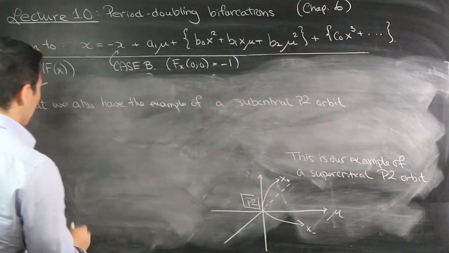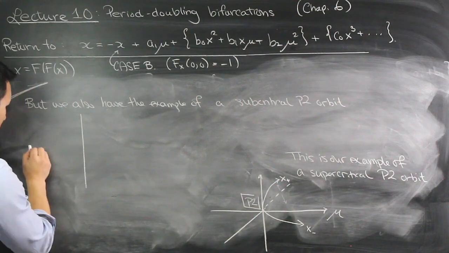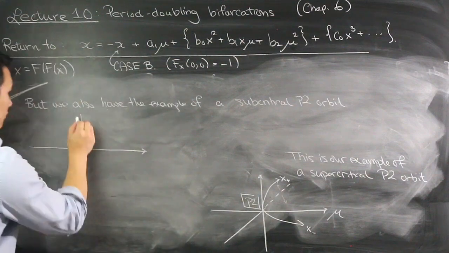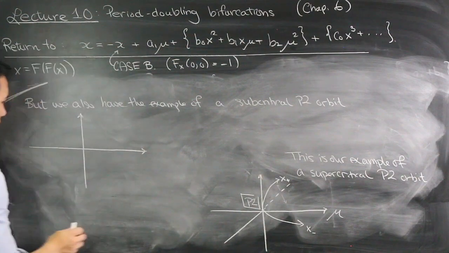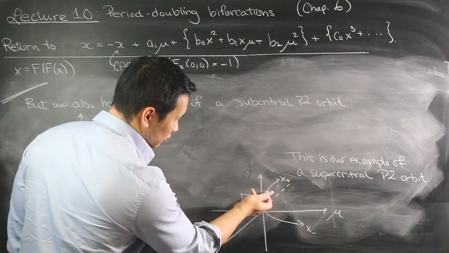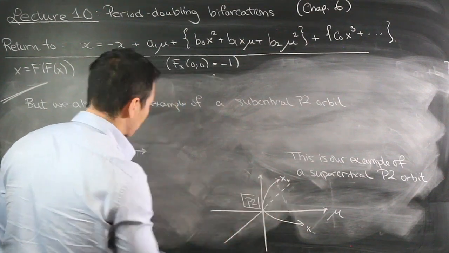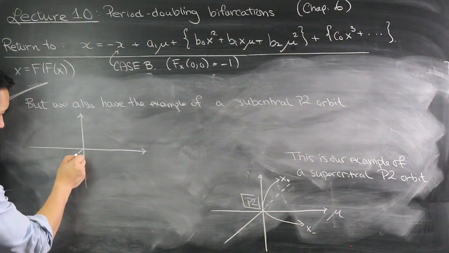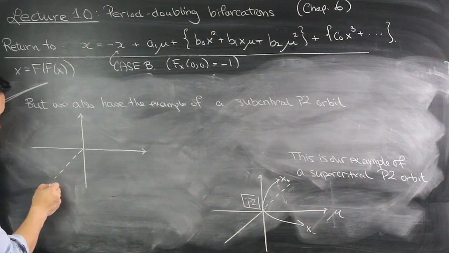And in the subcritical case, just remember that it looks like a pitchfork, but with the two dashed lines surrounding a solid line. So in that case, you might have a picture that looks like this.